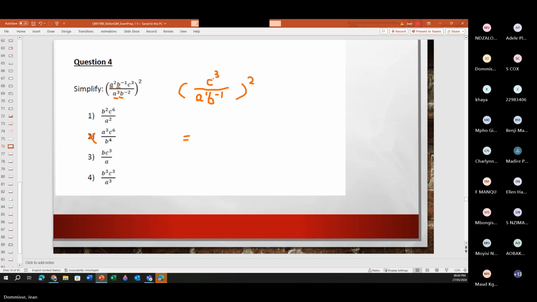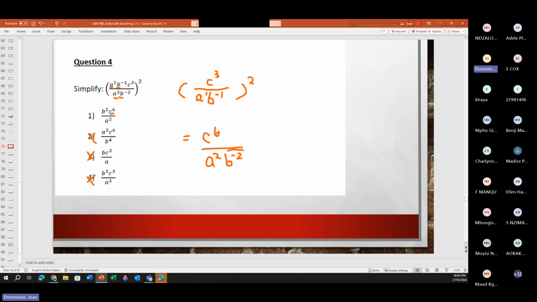Further we can cancel out. So now we take the outside of the bracket, so c to the power of 3 to the power of 2 is c to the power of 6. It's 3 times 2. Then a to the power of 1 to the power of 2 is a to the power of 2. b to the power of minus 1 to the power of 2 is b to the power of minus 2.